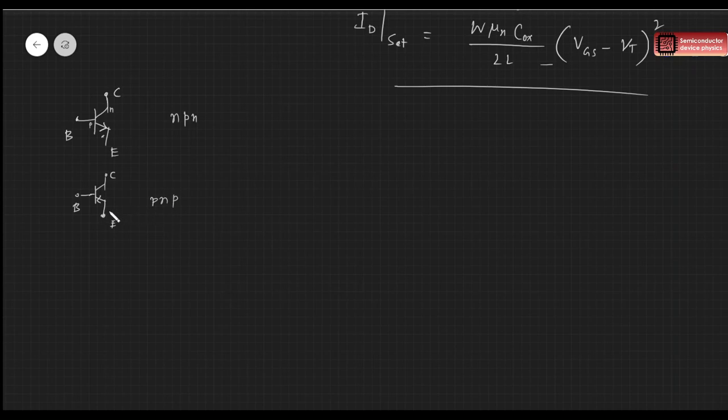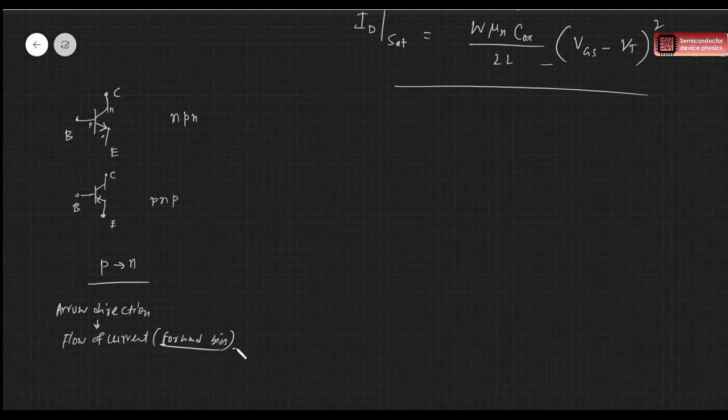And if you notice carefully, the arrow we always put from P to N, right? For easy remembrance, this arrow direction tells about the flow of current if that junction is forward biased. If you reverse bias, of course it will be the other way, but flow of current is in forward bias.